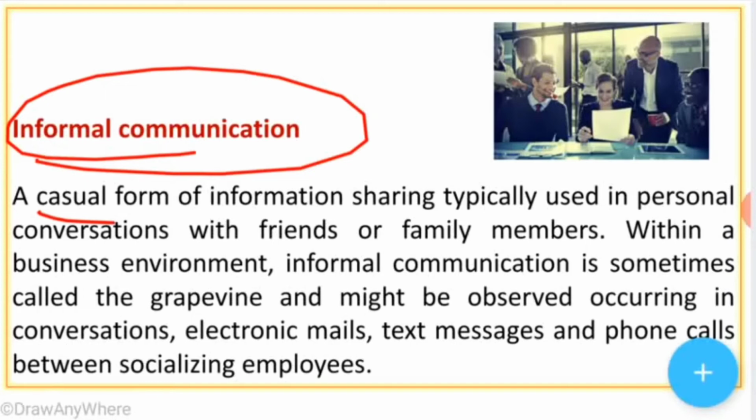It is used in personal conversation with friends and families. Sometimes in business, it is also known as grapevine communication because there is no definite route of communication. Please note, it is very important: informal communication is also known as grapevine communication.